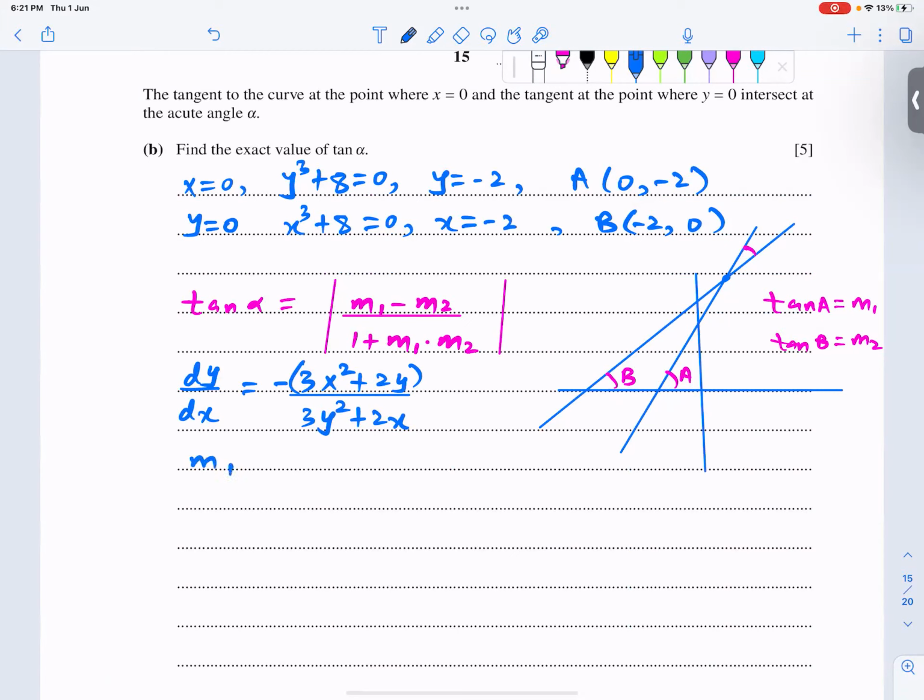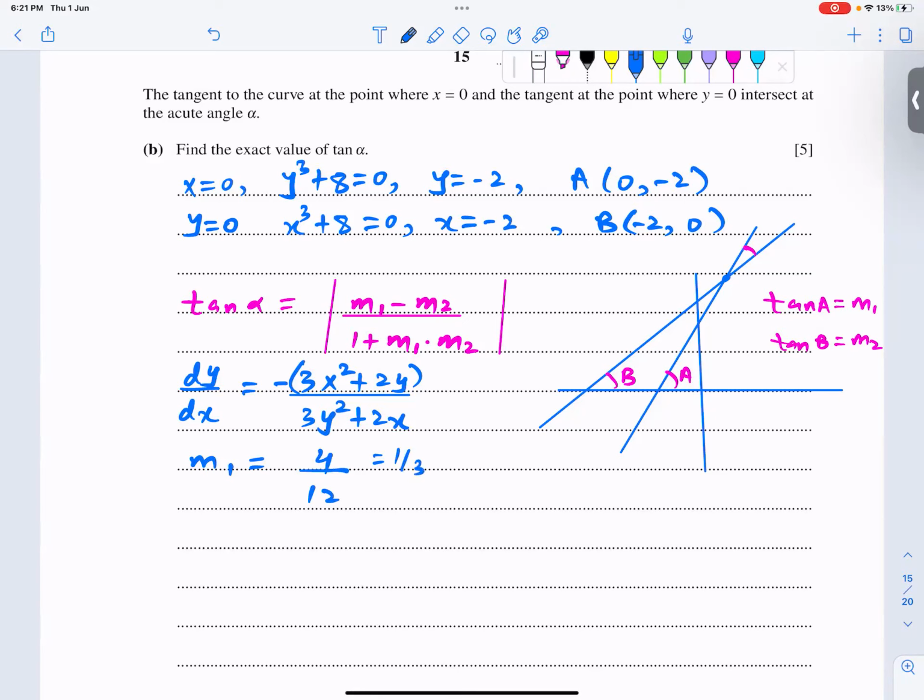Put A in dy/dx: m1 is 3 times 0 squared, which is 0, and 2 times −2 is −4, so 4 in the numerator, and in the denominator, 3 times 2 squared is 12, plus 0. So this is just 1/3.